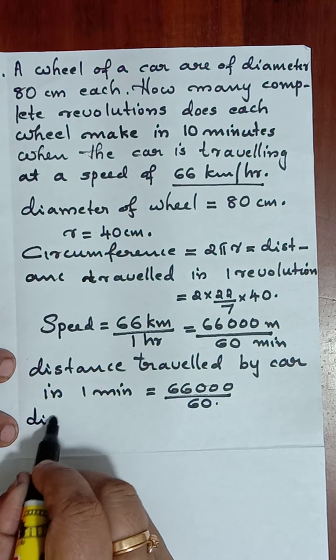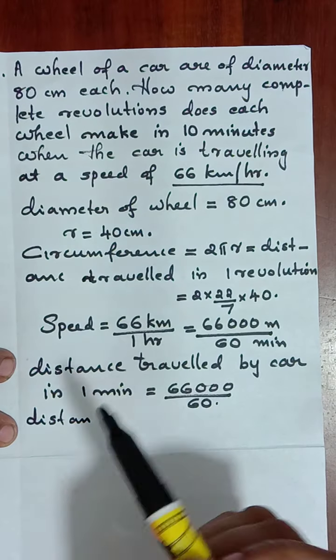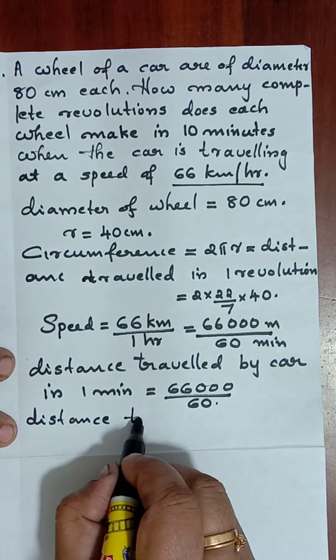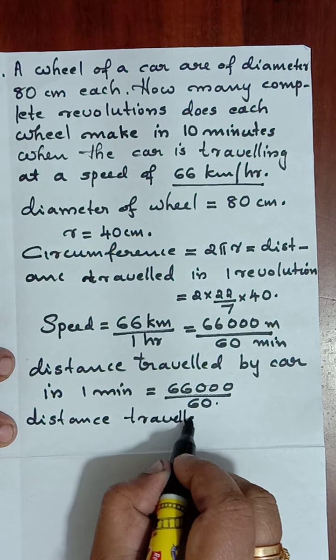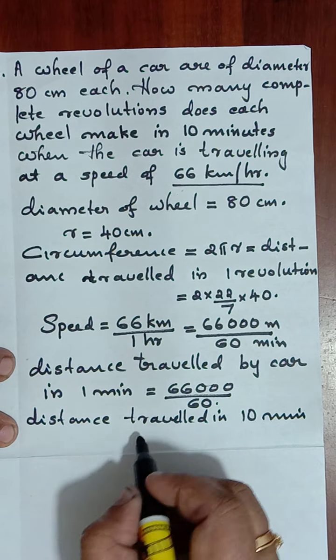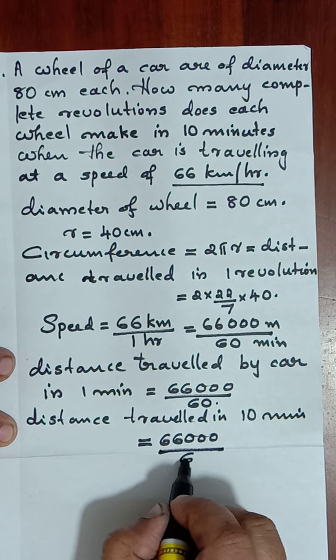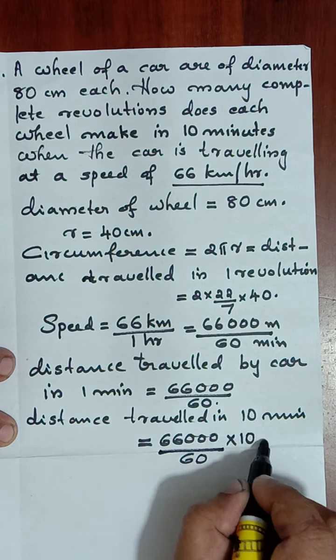Therefore distance in 10 minutes, that is what they have given. So distance traveled in 10 minutes is equal to 66,000 by 60 into 10.